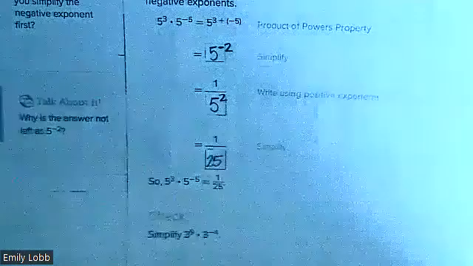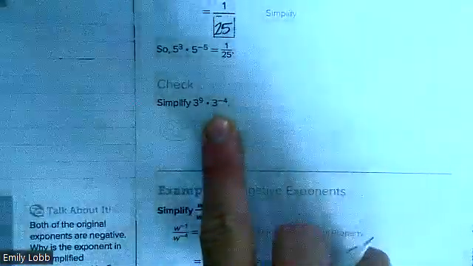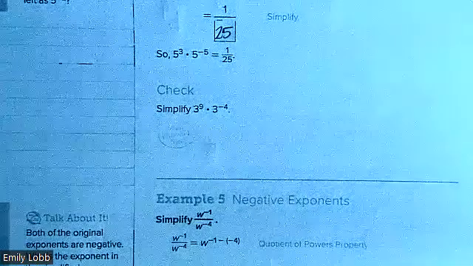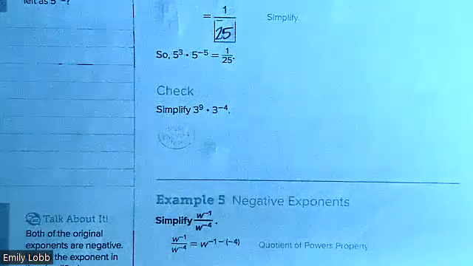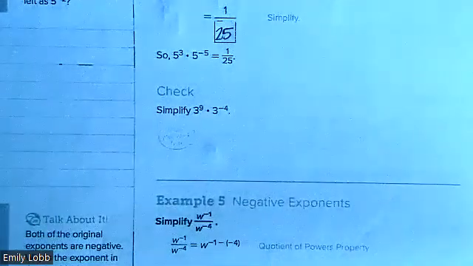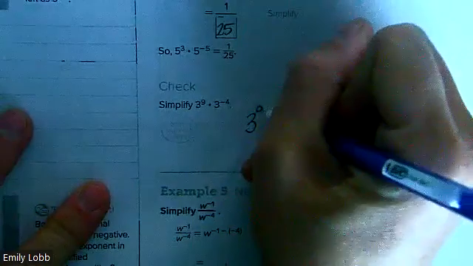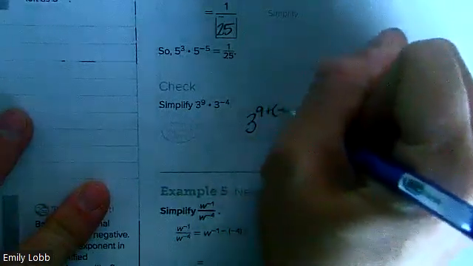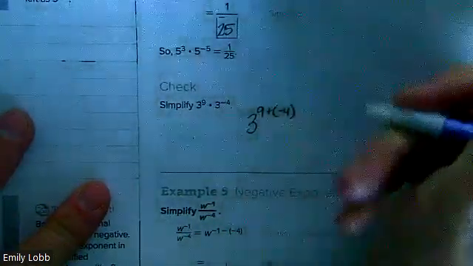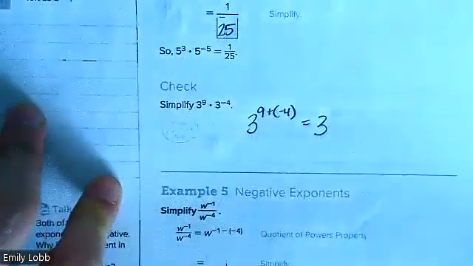So let's try this. Our bases are the same. They're being multiplied. Our product of powers rule says when we have the same bases or like bases, we're going to do what with the exponents, everyone? Add them. So I have 3 to the 9 plus a negative 4, or 9 minus 4, which is equal to 3 to what power?